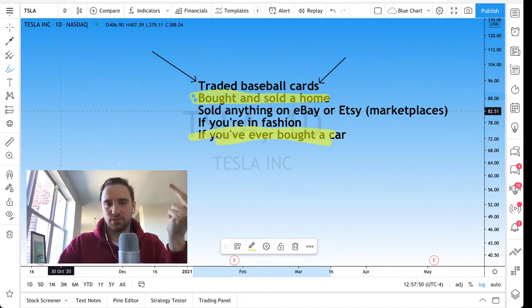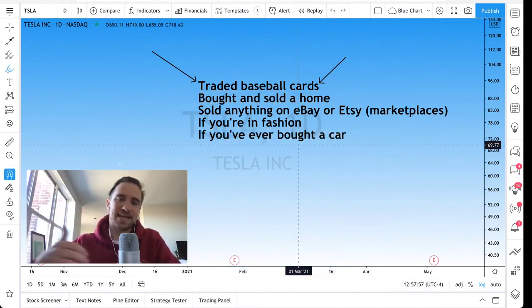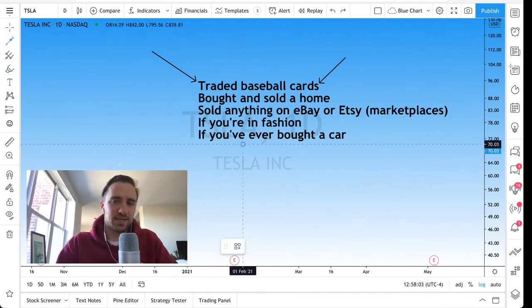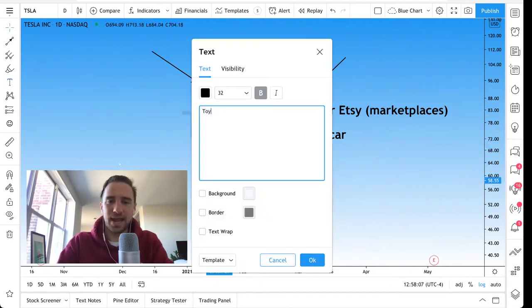Could you one day sell it for more? Same thing with a car. Could you one day sell your car, will it ever maintain some price? Is it the best deal relative to other cars? So could you just go buy a Toyota for this price, or Toyota versus Honda, for example?